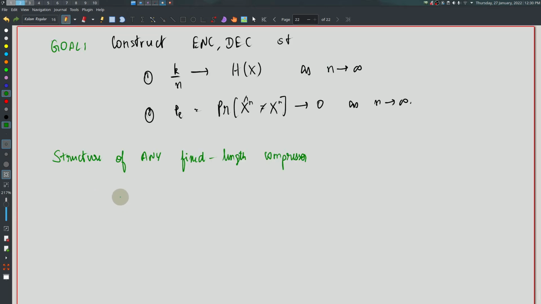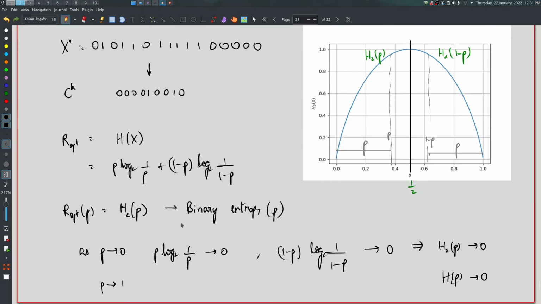Let us assume that our sequence x n is an IID Bernoulli sequence, let's say with parameter 0.1. So what is h of x in this case?